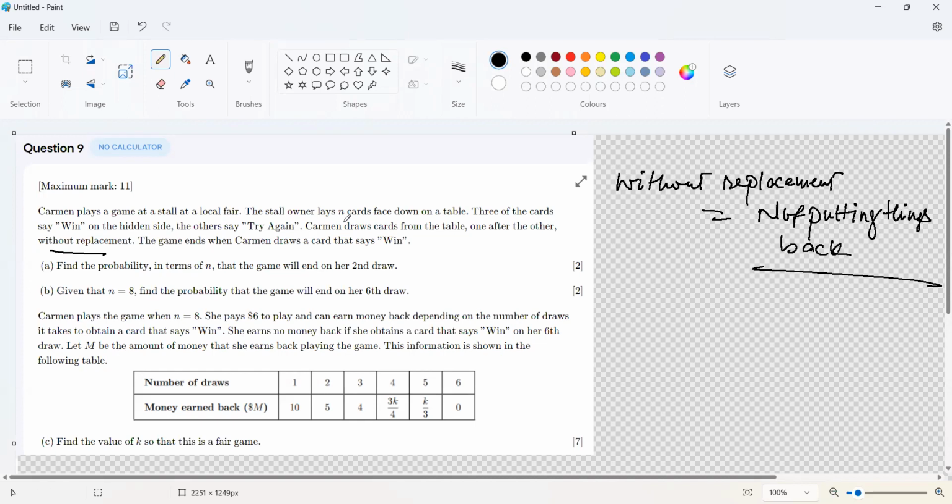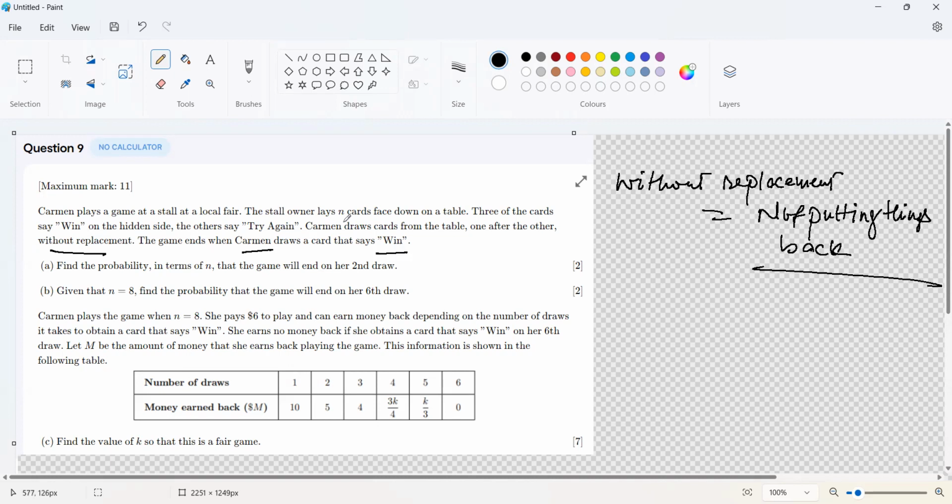So when you take one card, you don't put that card back on the table. The game ends when Carmen draws the winning card.